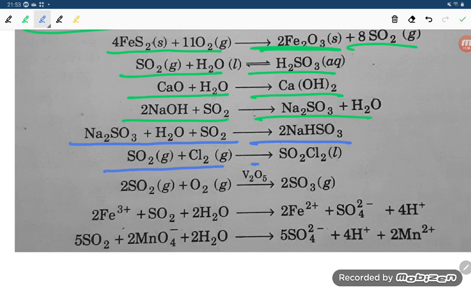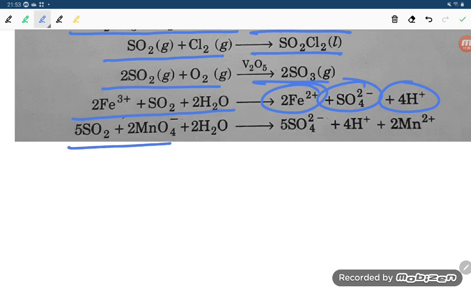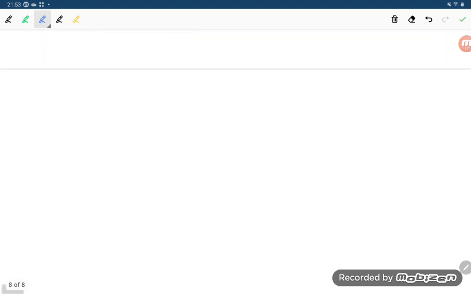SO2 plus Cl2 gives SO2Cl2. 2 SO2 plus O2 gives 2 SO3. Fe3+ plus SO2 plus 2 H2O gives Fe2+ plus SO4 2- plus 4 H+. SO2 plus MnO4- plus 2 H2O gives 5 moles of SO4 2- plus 4 H+ and 2 Mn2+.